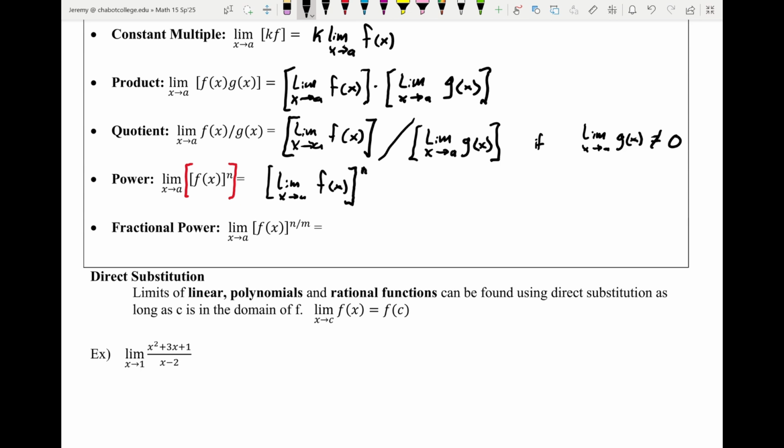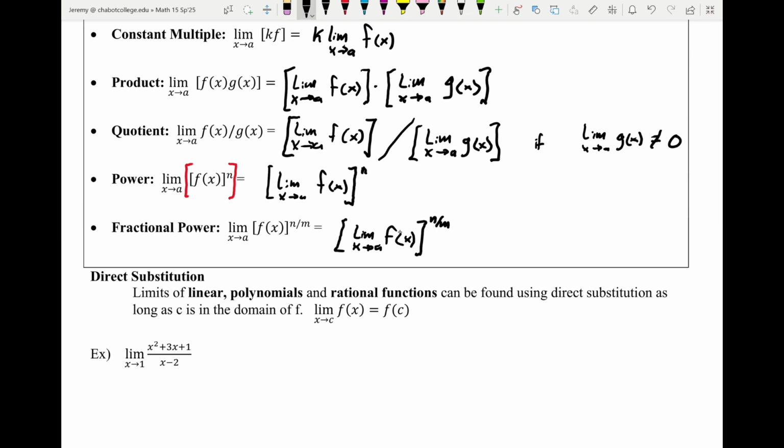All right, and the same kind of thing applies for fractional powers, with a little caveat. So remember, fractional powers, or rational exponents we sometimes call them, the number in the denominator generally corresponds to some kind of radical, right?